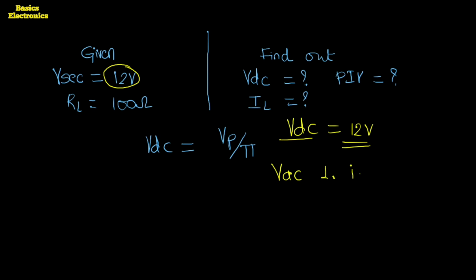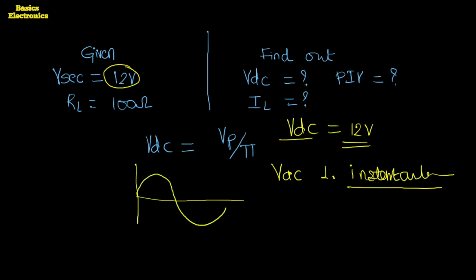From that, the first one is what we call the instantaneous voltage. The instantaneous voltage is the voltage measured at a particular instant or a particular angle of the AC. If we look at the waveform of the AC, it is like this.